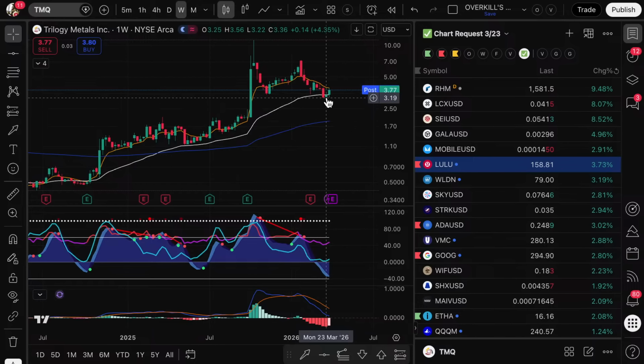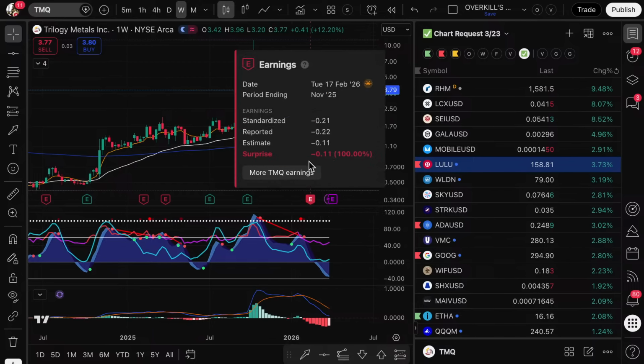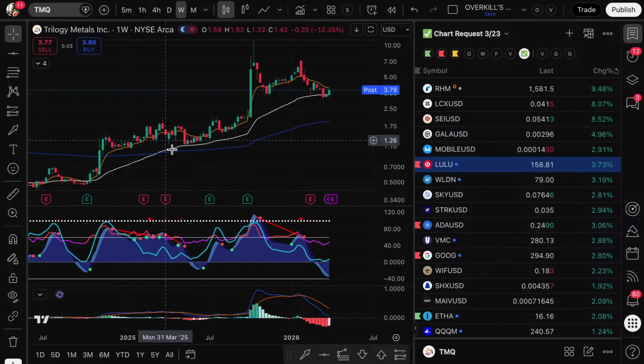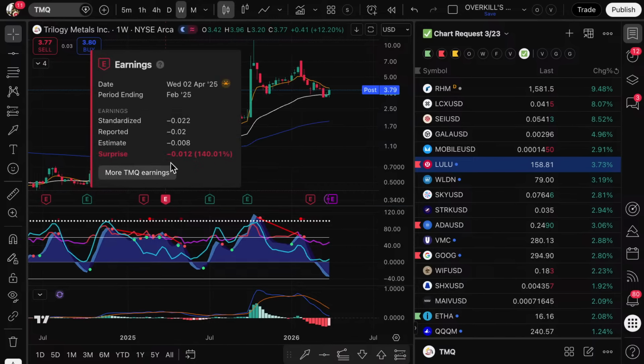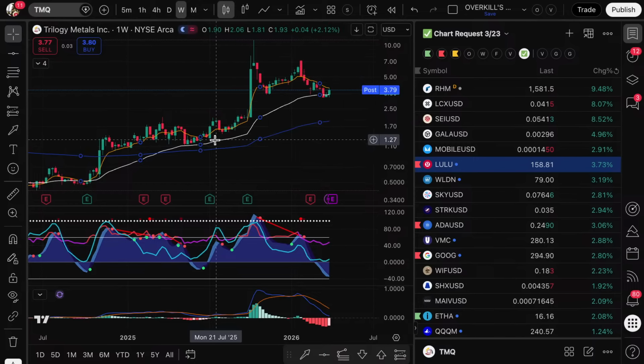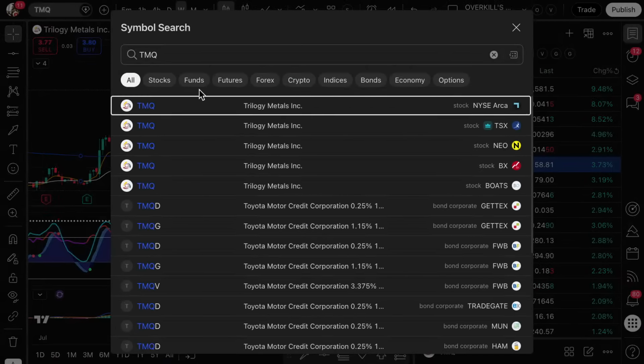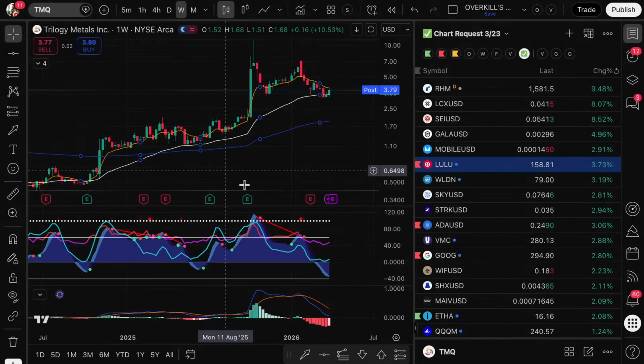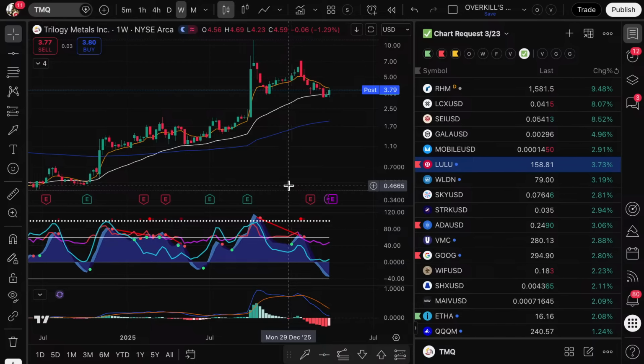So 3 looks like fair value. Again, with these penny stocks, it's like a metals company, this gold company. They don't have any earnings yet, so you can't even see what they make on their revenue. Oh, we just covered TMQ.